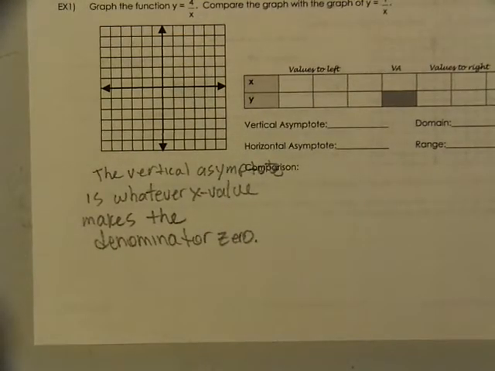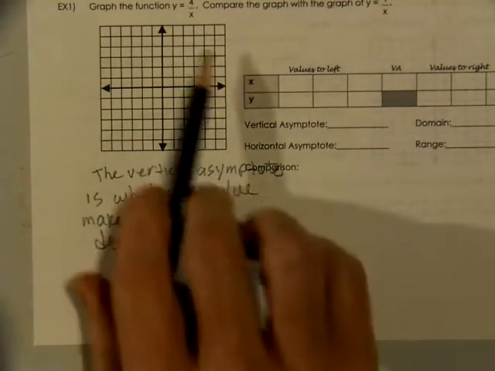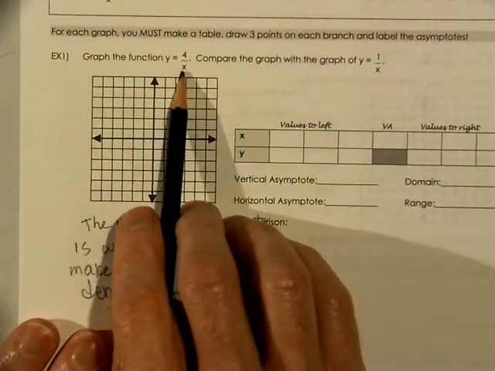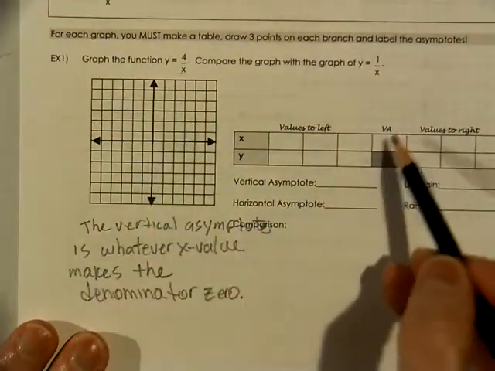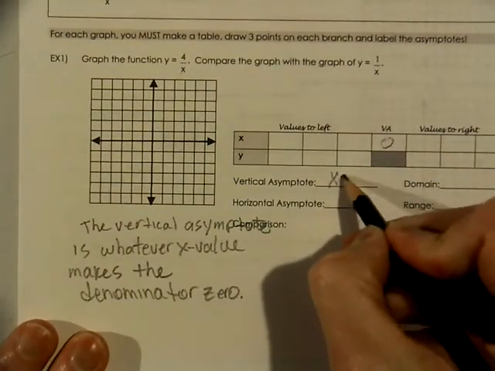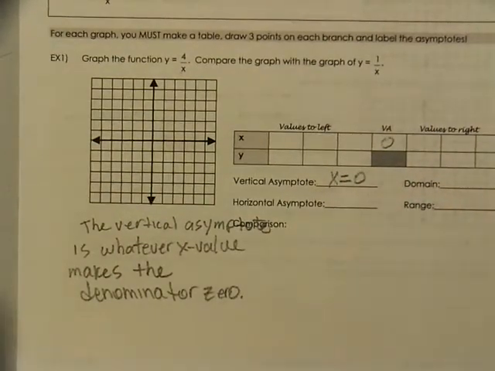So, whatever makes the denominator 0 is going to be your vertical asymptote. So in this case, it's pretty clear. It's just 0. So your vertical asymptote is going to be 0. It's where x equals 0.